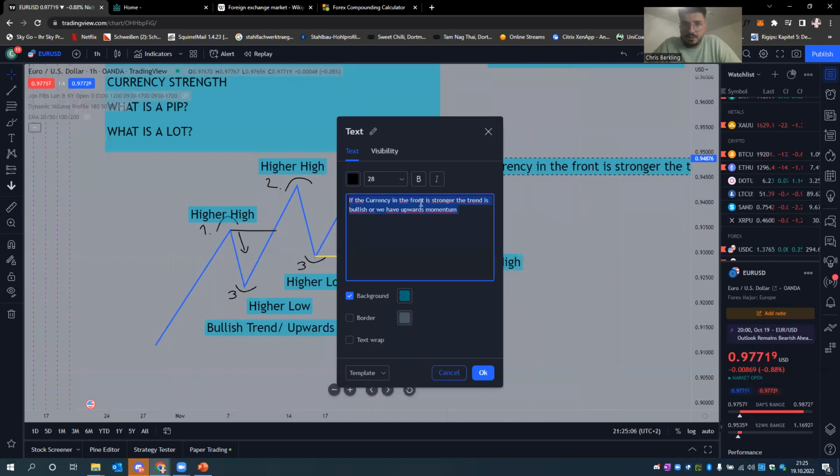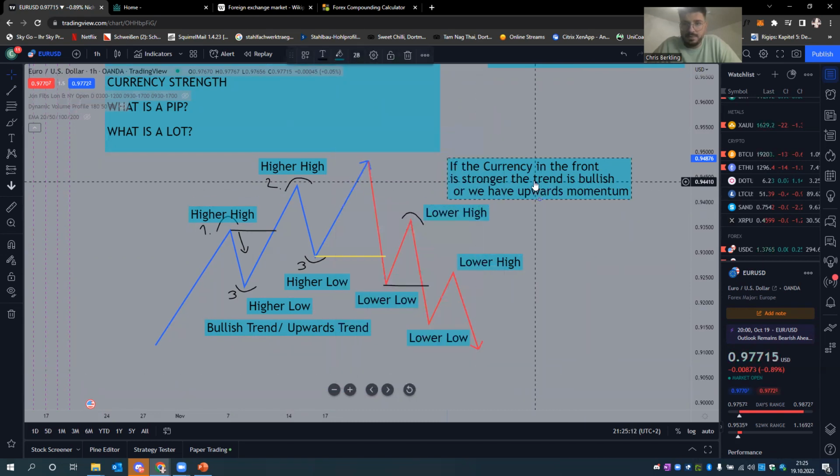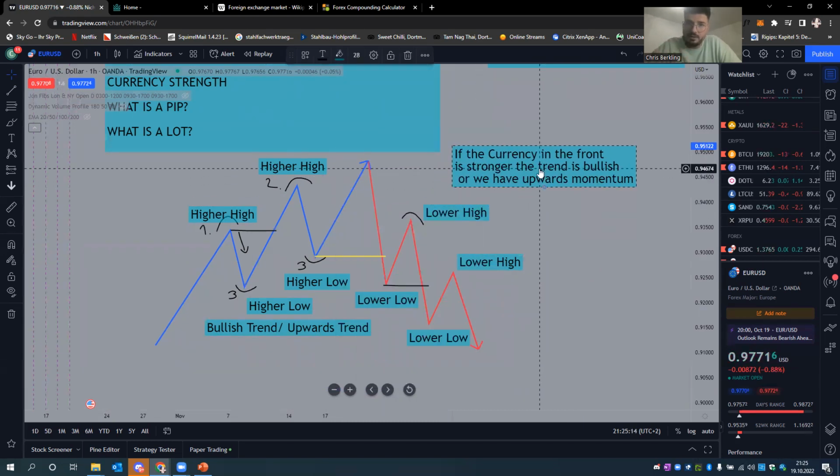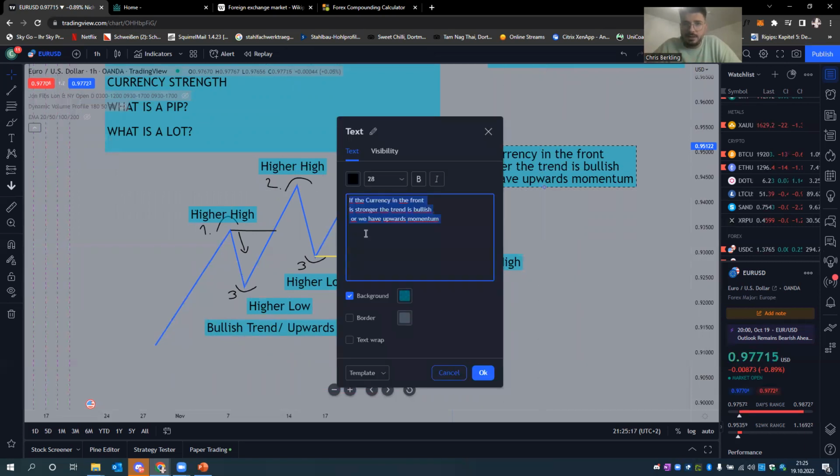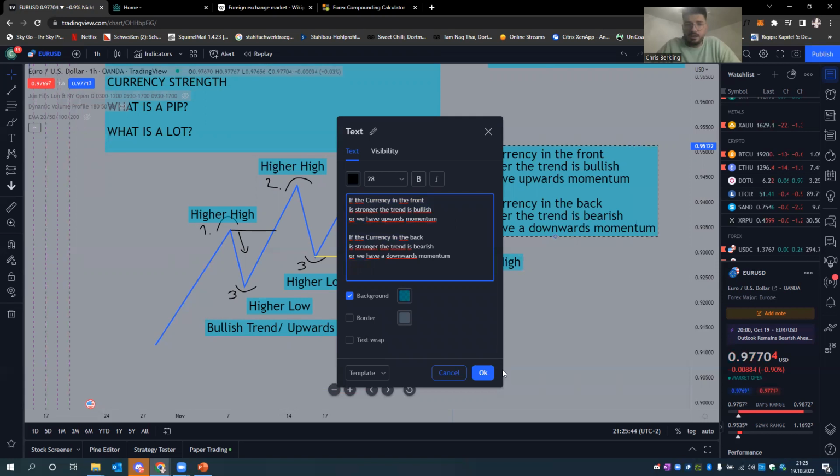So this is what you can keep in mind: if the trend's going up, the front currency is stronger. And then if the back currency, so in this example the US dollar, is stronger, the trend is bearish, or we have a downwards momentum.